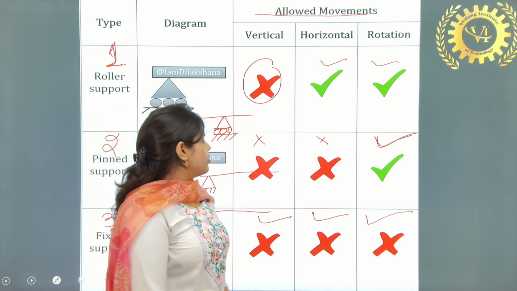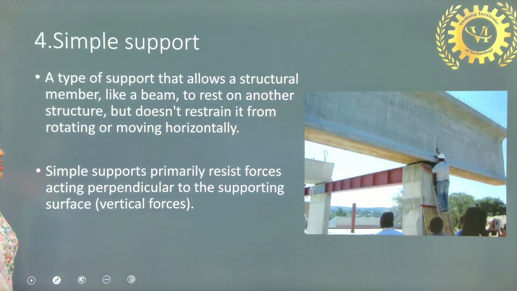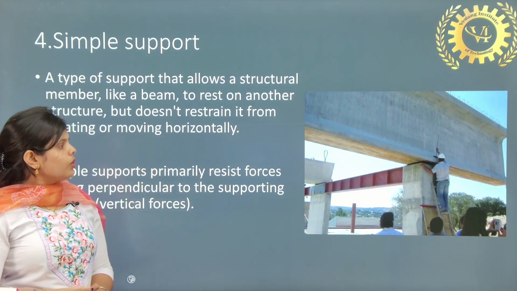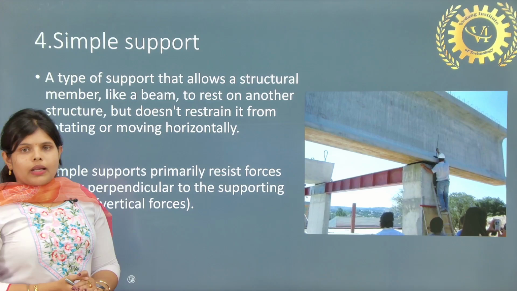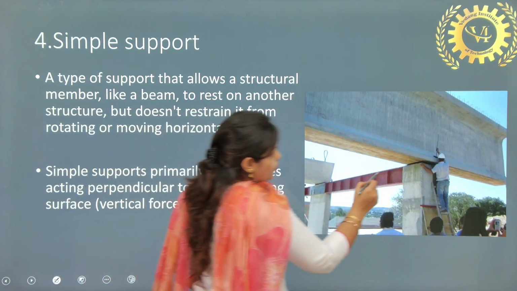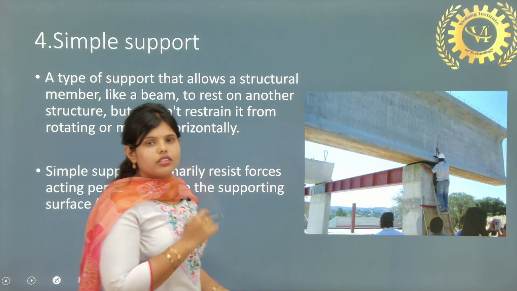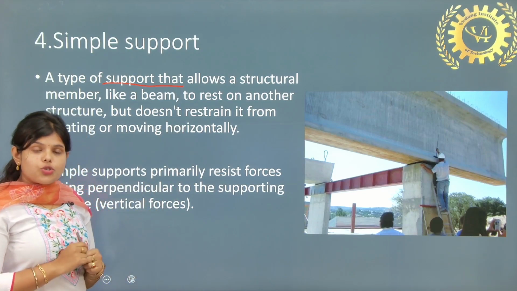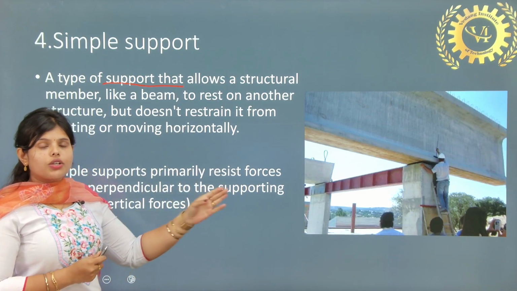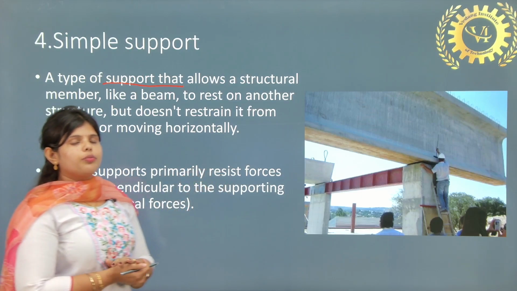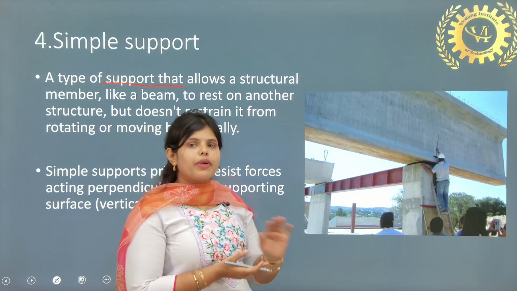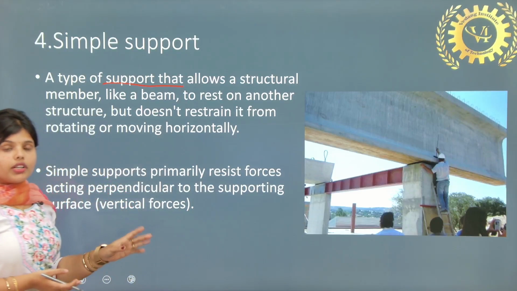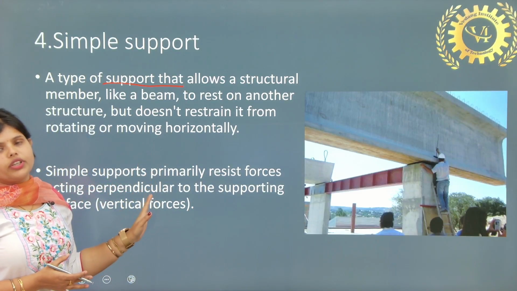Now we will go for simple support. What is the meaning of simple support? Simple support is a support that depends on another support, a type of support that allows a structural member like a beam to rest on another structure. Simply, it is a dependent one. It depends on another support to rest, but doesn't restrain the member from rotating or moving horizontally.